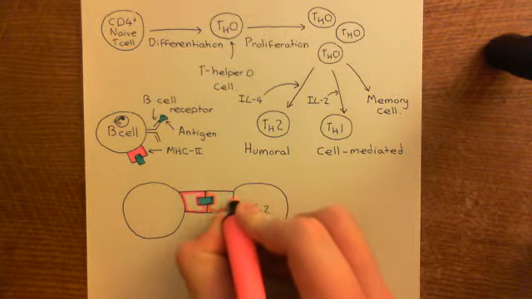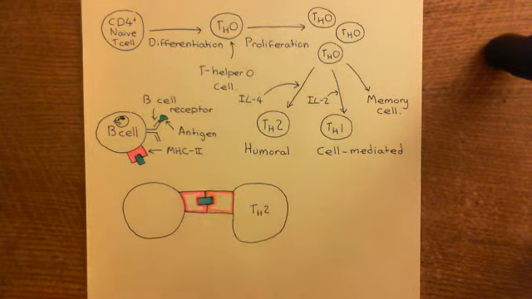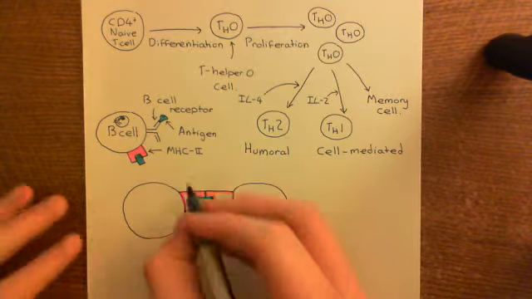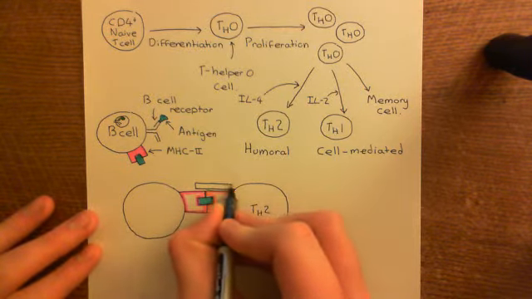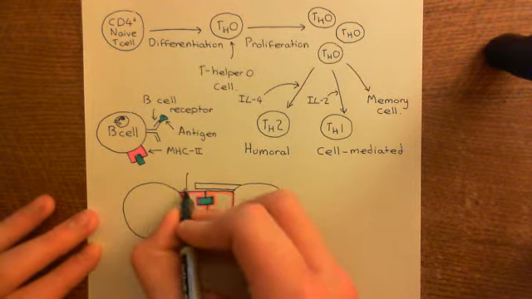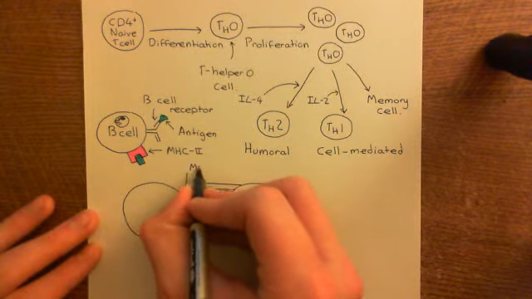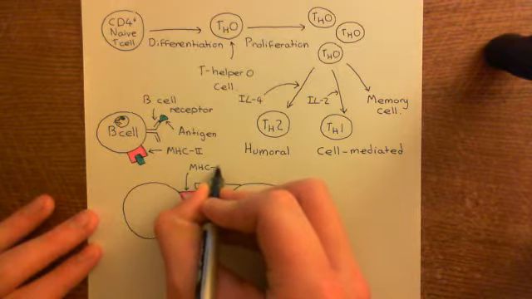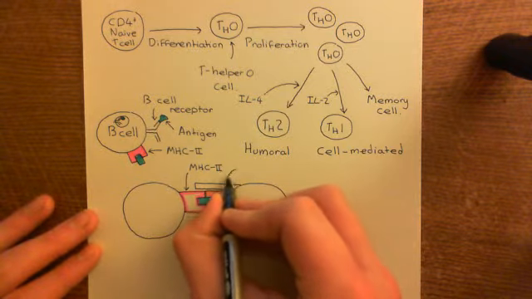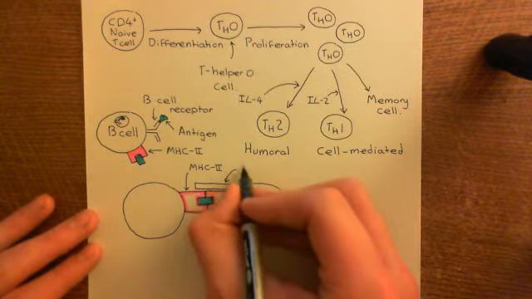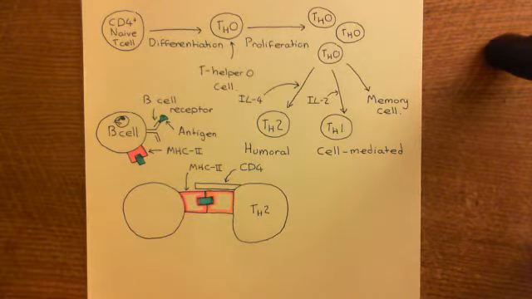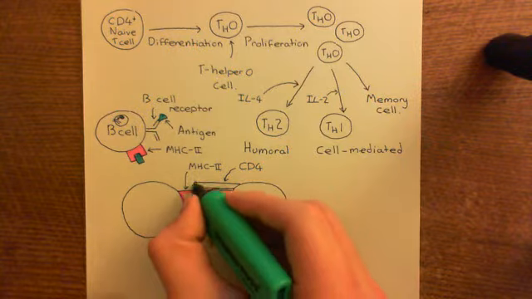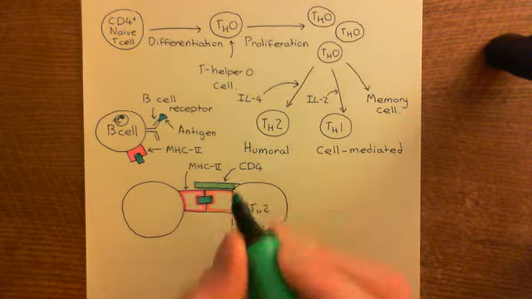The T helper 2 cell also has a molecule of CD4 on its surface, which will also bind to the MHC class 2, which is here in purple. This molecule on the surface of the T helper 2 cell is CD4, and it's binding to the major histocompatibility complex class 2. So that's in green.